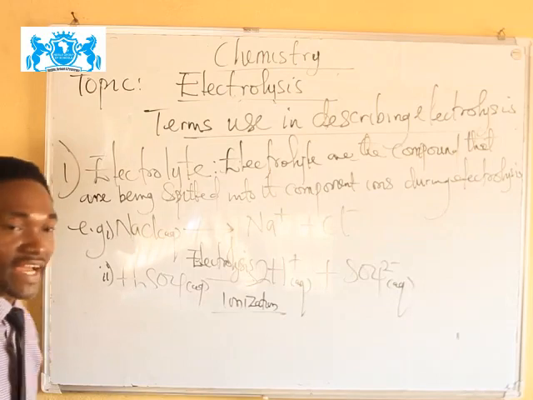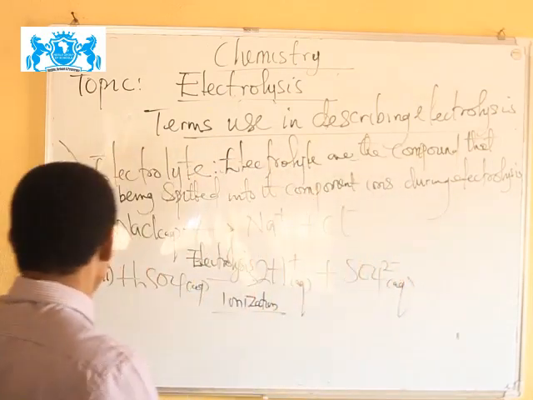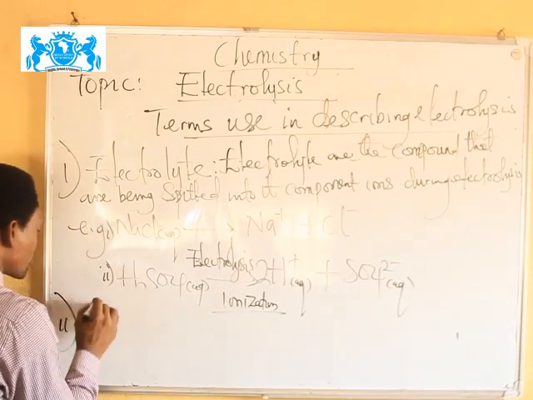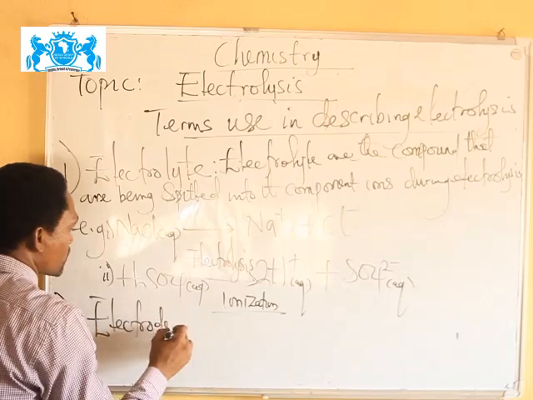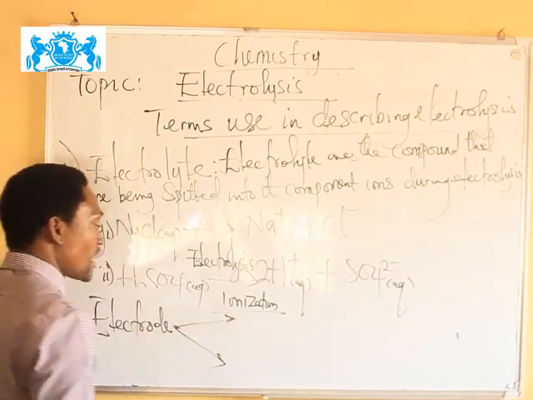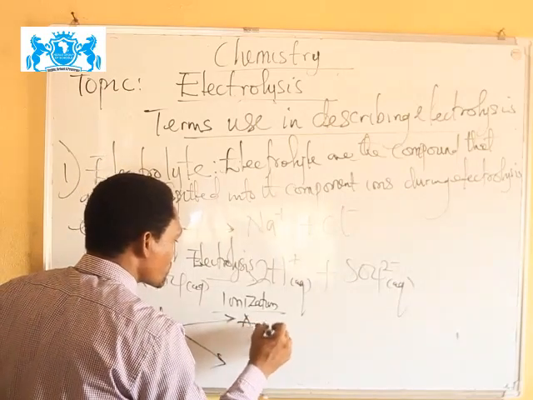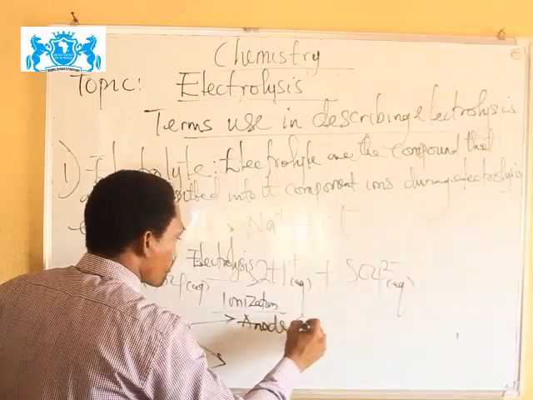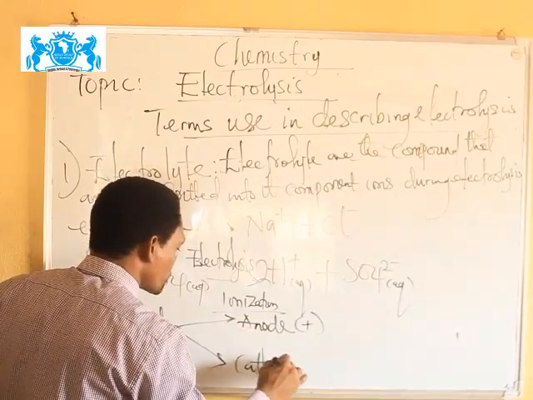We have 2 electrodes. We have the positive electrode called the anode, and the negative electrode called the cathode.